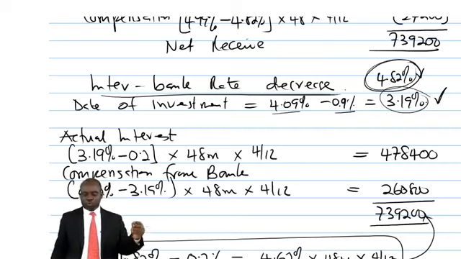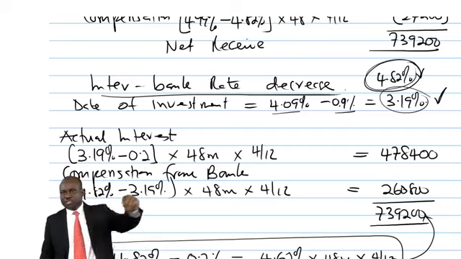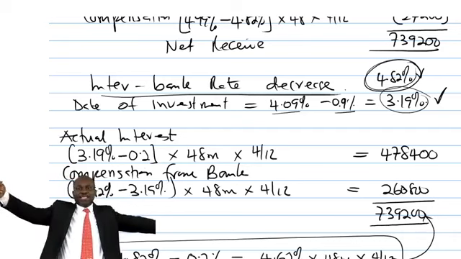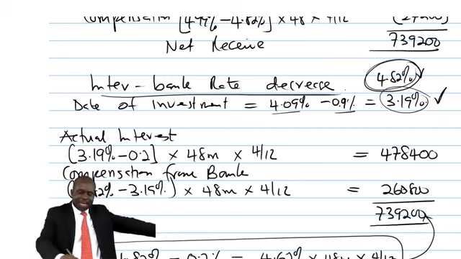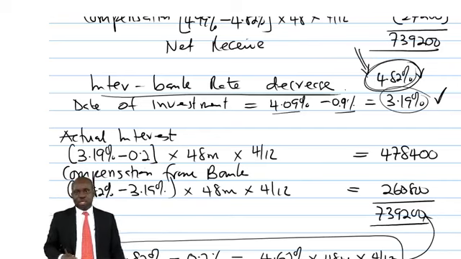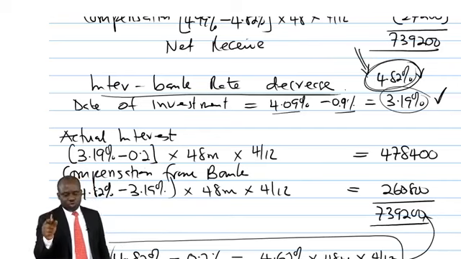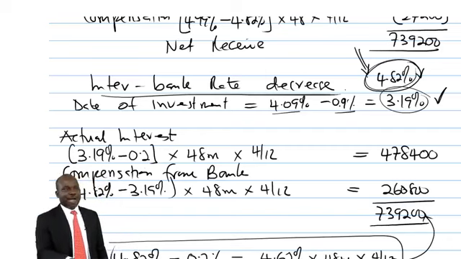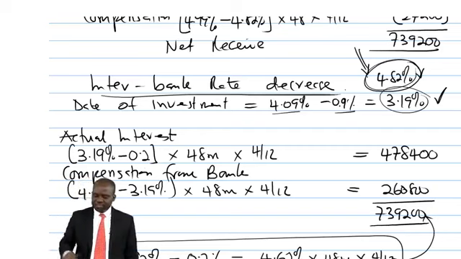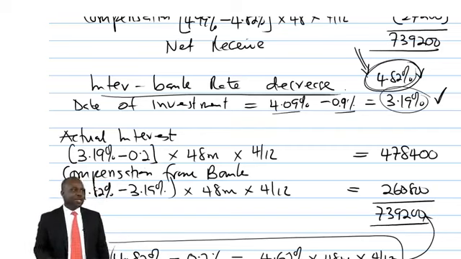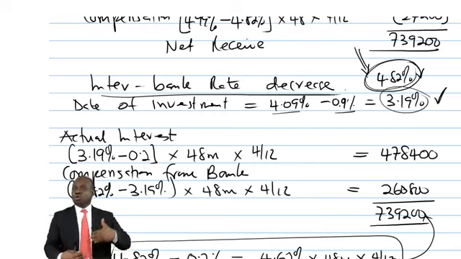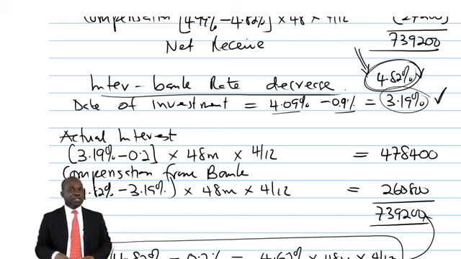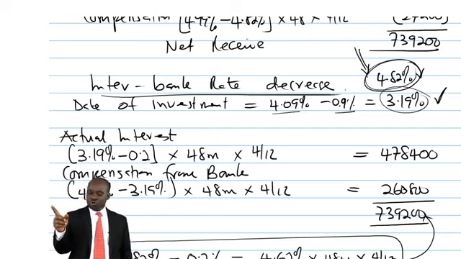So if it's gone to 3.19, you will receive 3.19 from wherever you invested. But you've also entered into an agreement with another bank that you have fixed the rate at this. So the minimum interbank rate you were supposed to receive is the 4.82. But how much did you receive? You received 3.19. So you receive less than what you ought to have received. So the other bank that you entered into agreement with, you just call them and you tell them something.